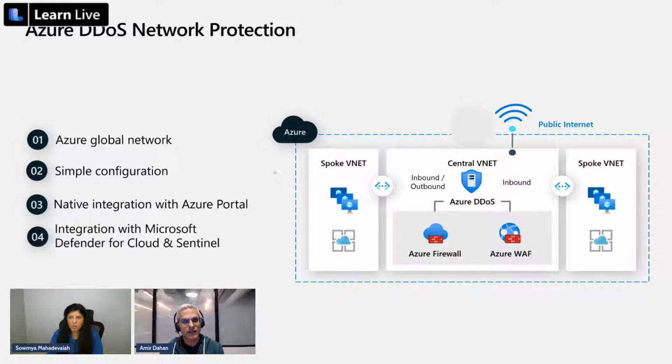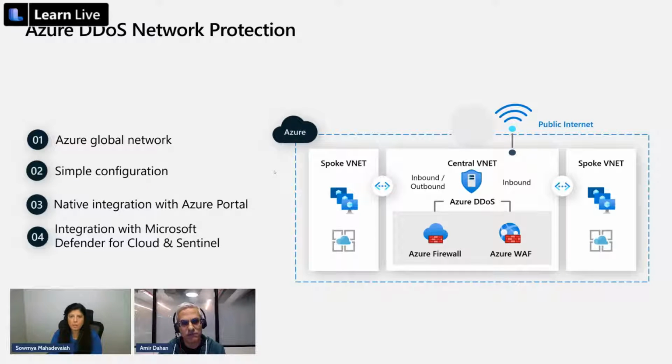Third point, native integration with Azure Portal. The fact that Azure DDoS network protection is a natively integrated service within Azure Portal, and the fact that it's a native Azure service means that once you enable DDoS protection on a service, we can actually gather all the needed resources for you. You don't need to select beyond selecting the VNet to protect.